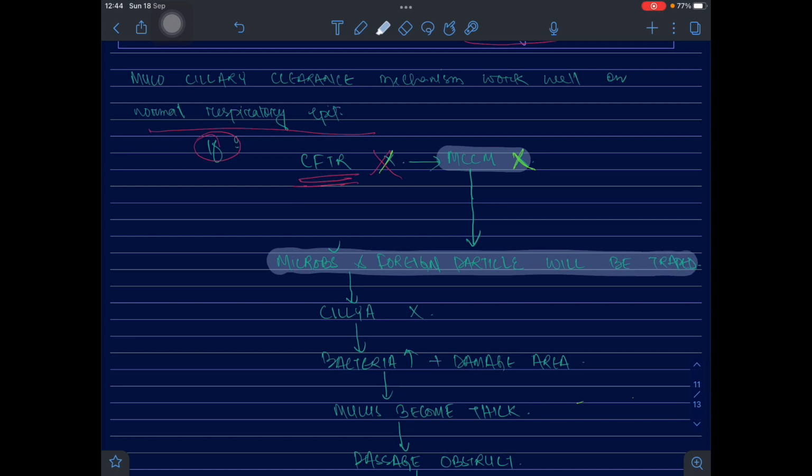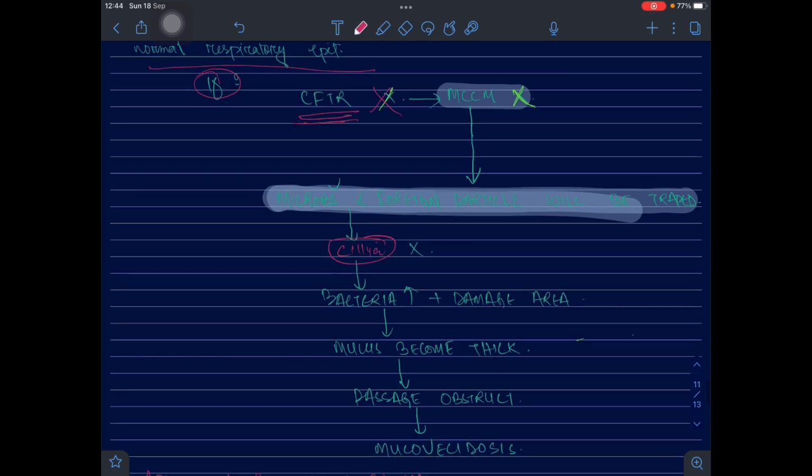Suppose we are talking about the proximal part of the lung, there will be trapping of microbes and foreign particles. The cilia will not be working, so bacteria can be seen in the damaged area. There will be lots of bacteria growing there, because if the microbes and foreign particles are not being thrown away continuously, they will be trapped together.